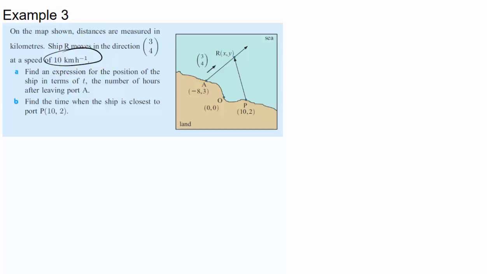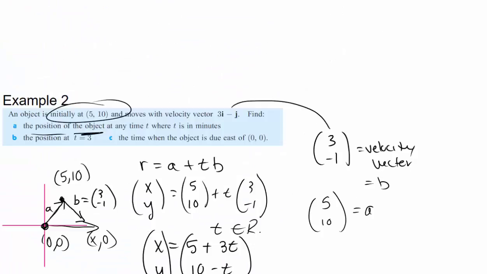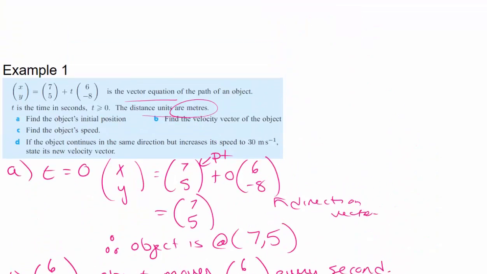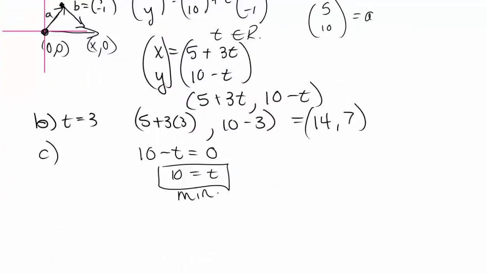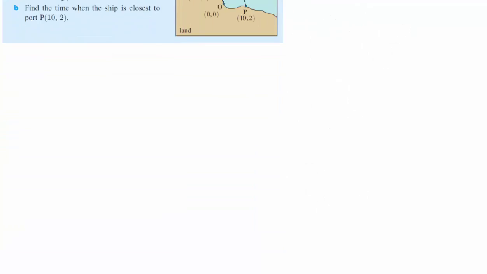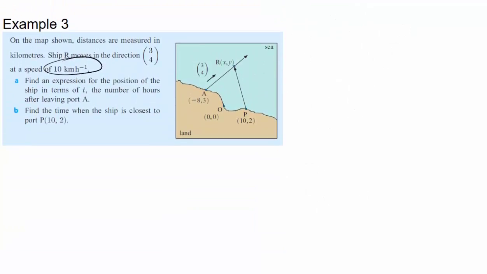So if we go back and look at our speed equation, speed here is the square root of a, the x component squared, plus the b component squared. So let's go back to our question. Now we're being told that our speed is 10.